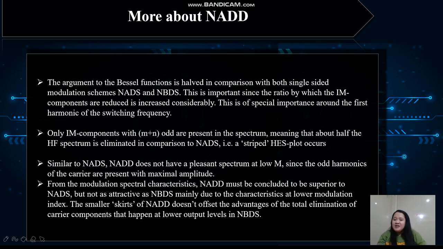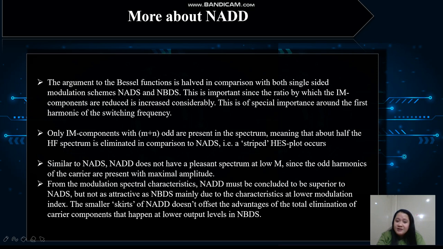The stripe HES plot occurs. Similarly to NADS, NADD does not have a pleasant spectrum at low M, since the odd harmonics of the carrier are presented with maximal amplitude. From the modulation spectral characteristics, NADD must be concluded to be superior to NADS.